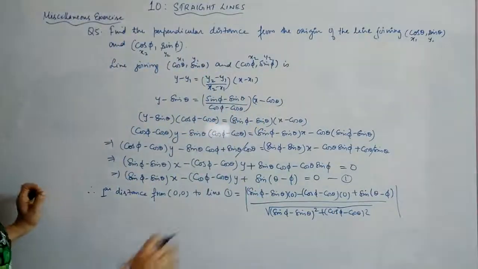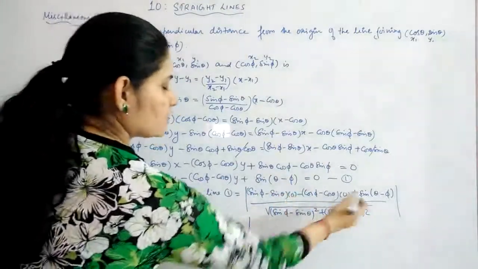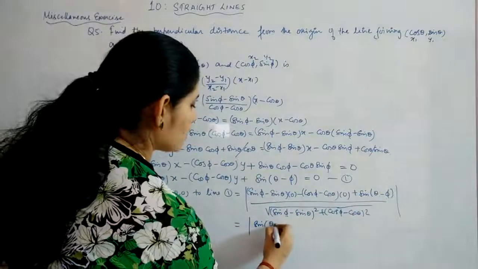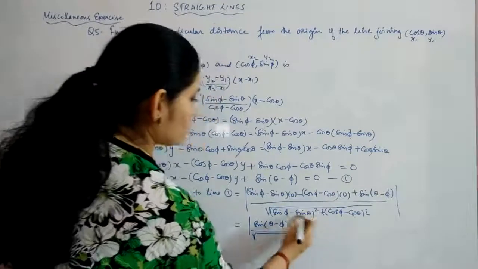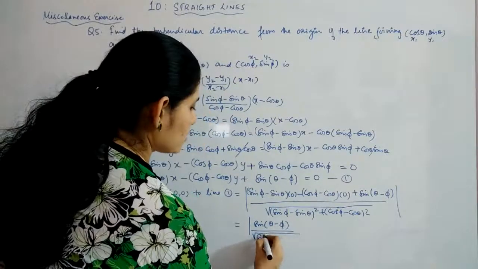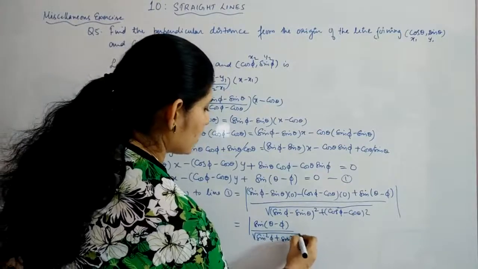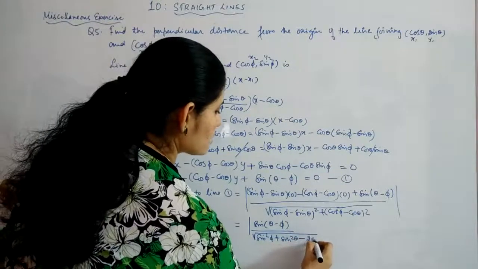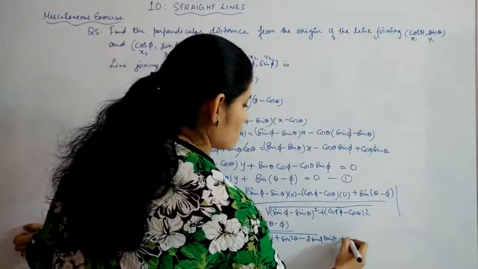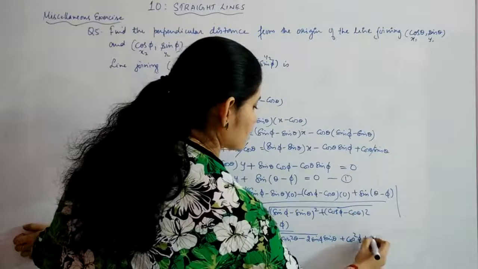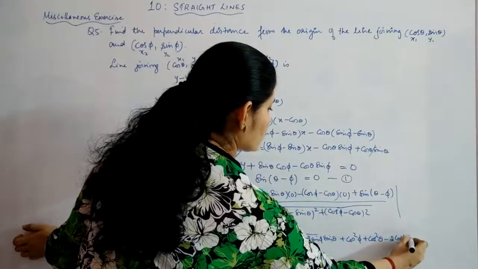Now this is giving you modulus of, in the numerator you will get only sine of theta minus phi, divided by root of, which after expansion will give you sine square phi plus sine square theta minus 2 sine phi sine theta plus cos square phi plus cos square theta minus 2 cos phi cos theta.